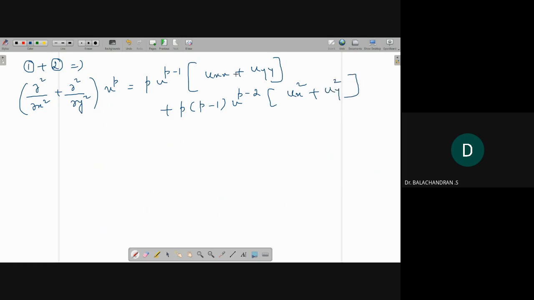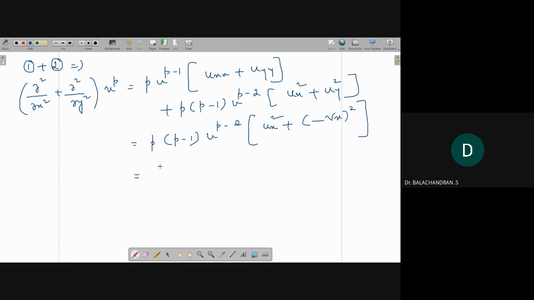So this is 0, okay. So this is 0, and the remaining you have what? p into p minus 1 into u power p minus 2 into ux square. By using CR equation, uy is what? Minus vx, because I want to write in terms of f dash.